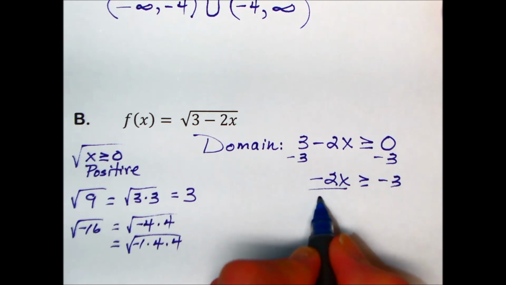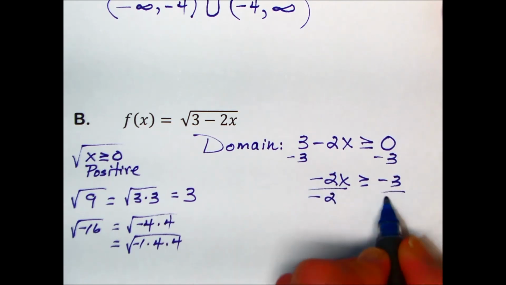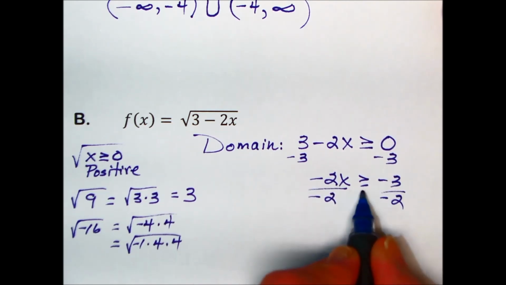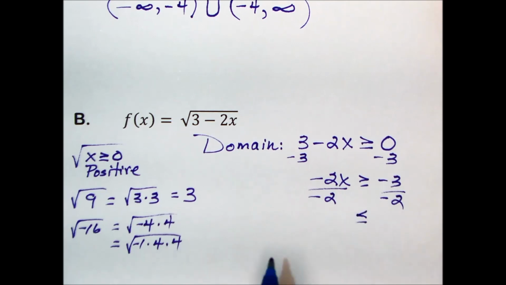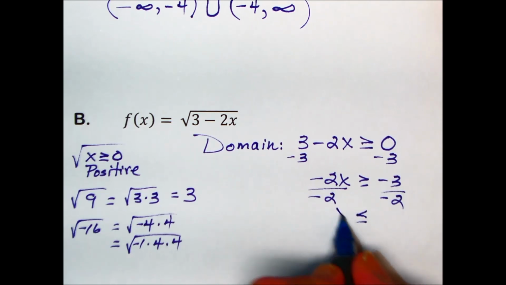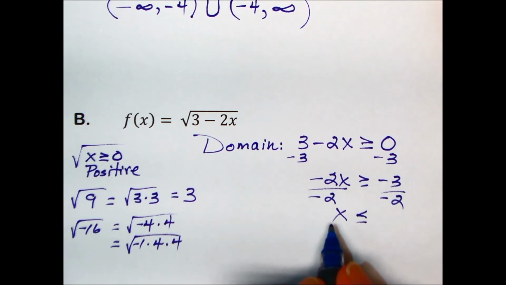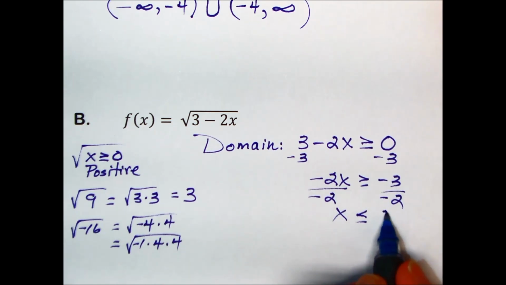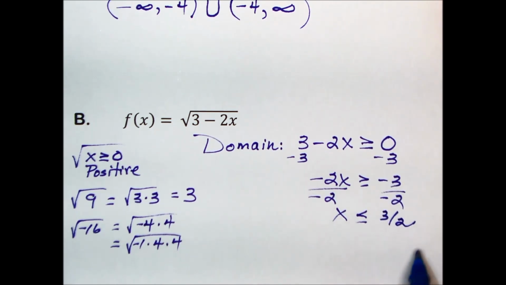And last, we need to divide by a -2. Whenever you multiply or divide by a negative, you need to change the direction of the inequality. Due to the multiplication principle of inequalities, the negatives cancel out, 2's cancel out, leaving x. Negatives cancel out, leaving 3/2.